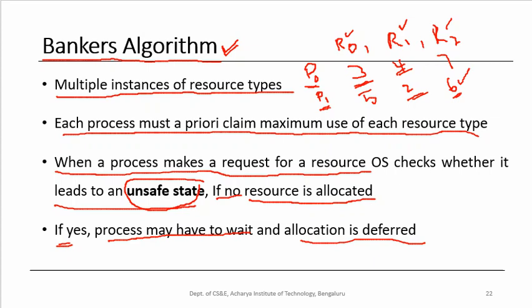It has to pretend as if it has granted the resource requested by the process, and check whether the system's state will remain safe. If yes, then the resource is granted. Otherwise, the resource is not granted at that point of time. That's the Banker's algorithm.